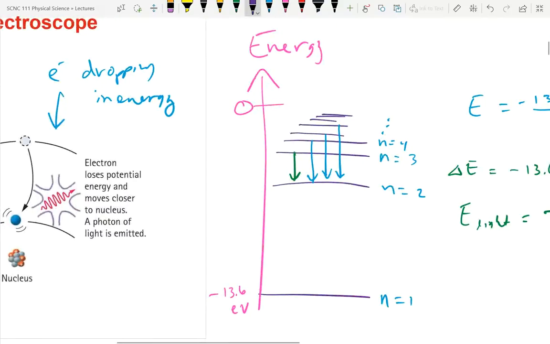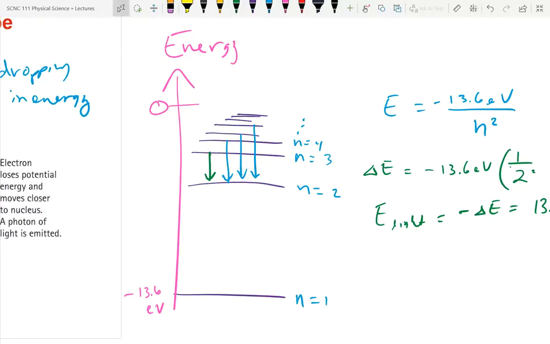The hydrogen atom with a picture like this, it turns out that if you have something falling down to the lowest energy state, the Lyman series, the energy is so high that it makes ultraviolet light and we can't see that.